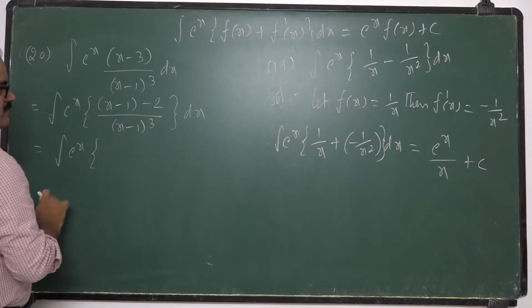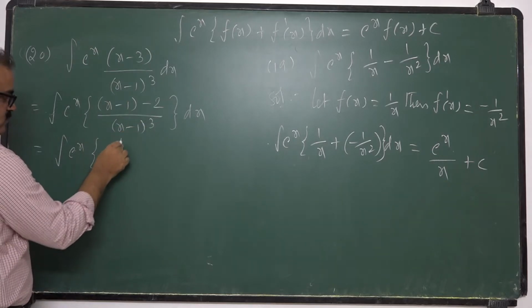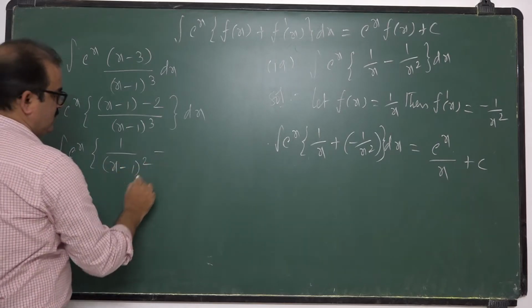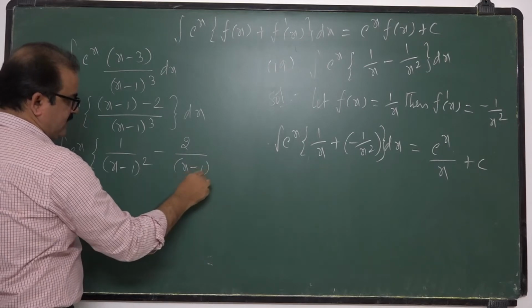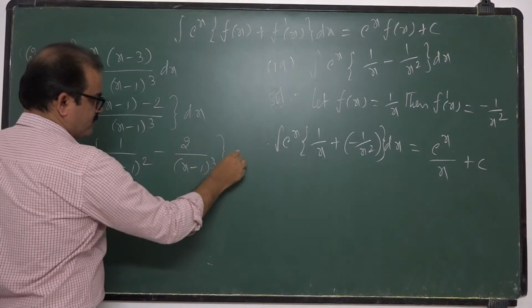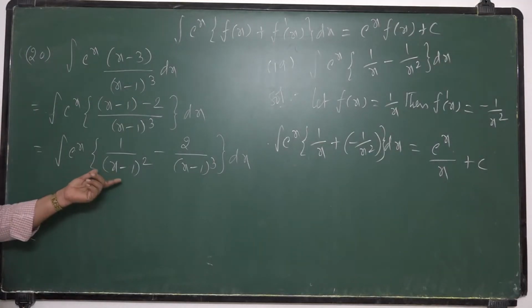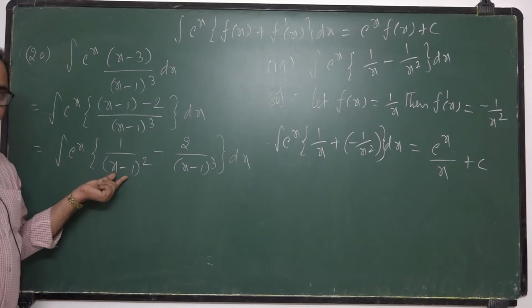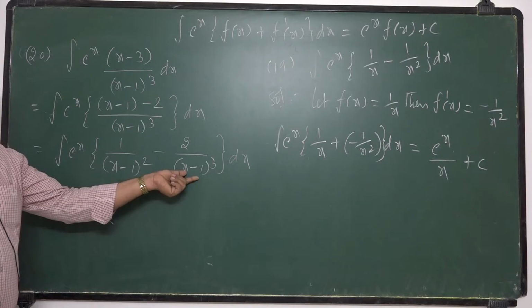Divide it separately: (x minus 1) by (x minus 1) whole cube, that is 1 by (x minus 1) whole square, minus 2 by (x minus 1) whole cube, into dx. Observe that this term is the derivative of this term. So if it is f of x, then it becomes f dash x.